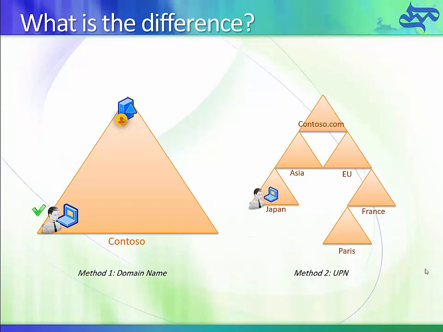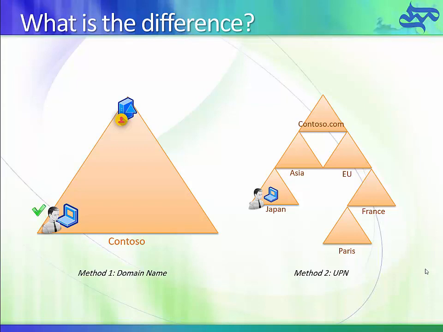A computer account resides in the Japan subdomain, which is a subdomain of Asia, and Asia again is a subdomain of contoso.com. Once the user wants to log into that computer account which belongs to japan.asia.contoso.com, the user should present a UPN for the form of authentication that he wants to use in order to log into that computer.